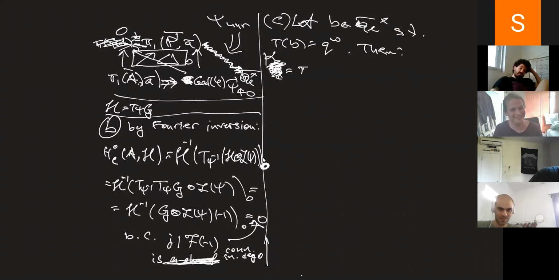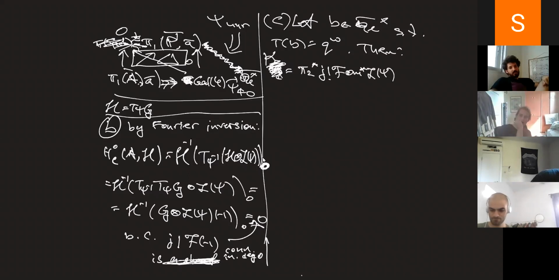So this, I remind you, is pi to upper star j lower shriek f tensor m star L psi. That's the thing that you should push with pi 1 to get a Fourier transform, right?